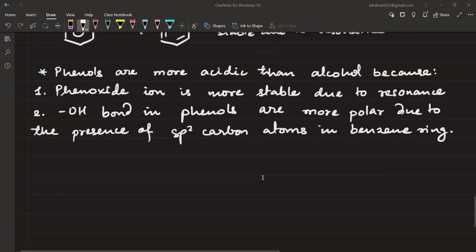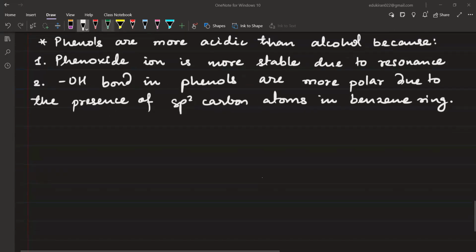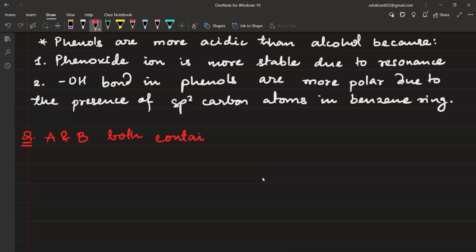Now, after this, we will see two questions. Please write the question. We have two compounds, A and B, both contain OH group.